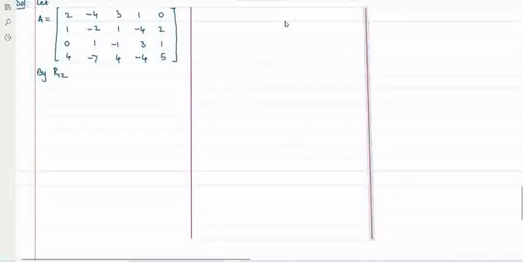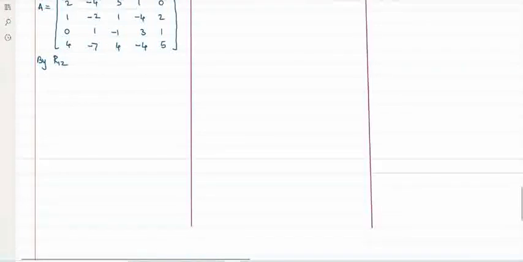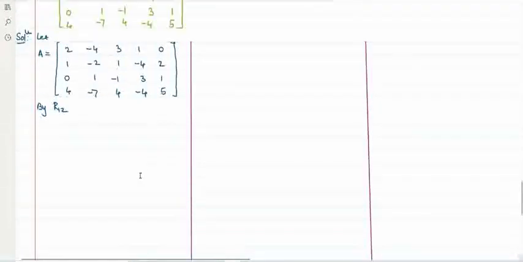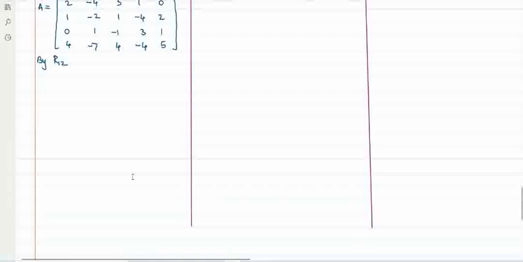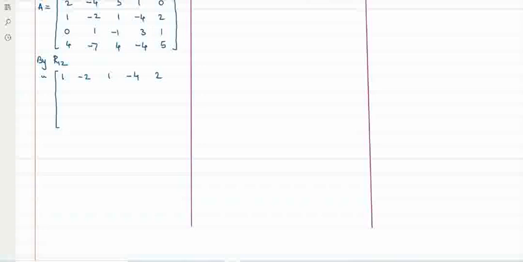Yeah. Then the new equivalent matrix, which is given by second row becomes first. That is 1, -2, 1, -4 and 2. And first becomes second.